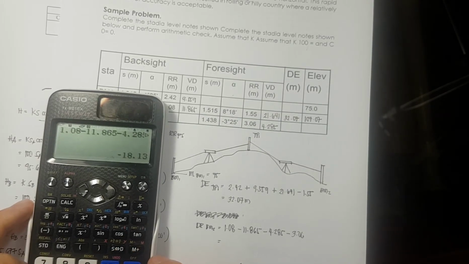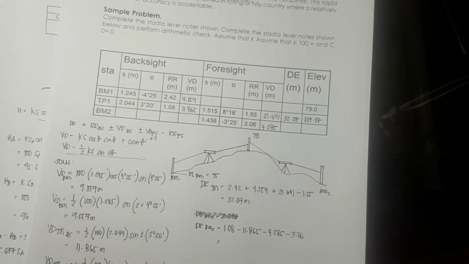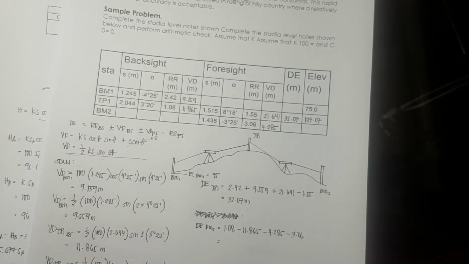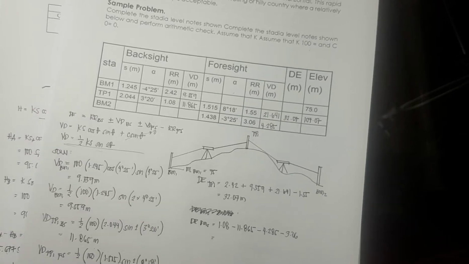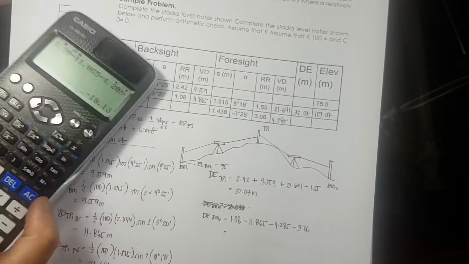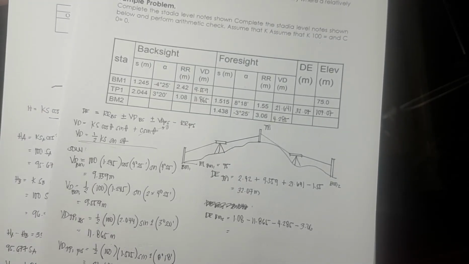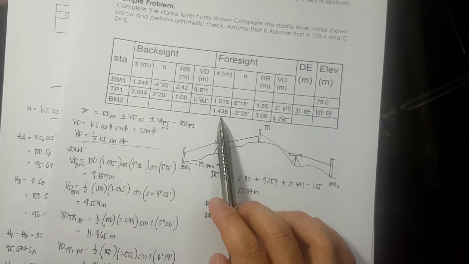And that is equivalent to, wait. May mali tayo. Mali natin ito. Let's double check this one. So, VD is equivalent to 1/2, 100 times the S of the foresight.